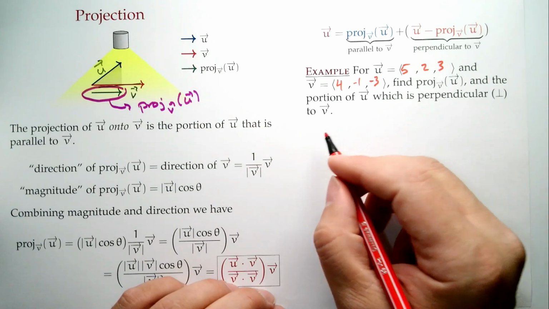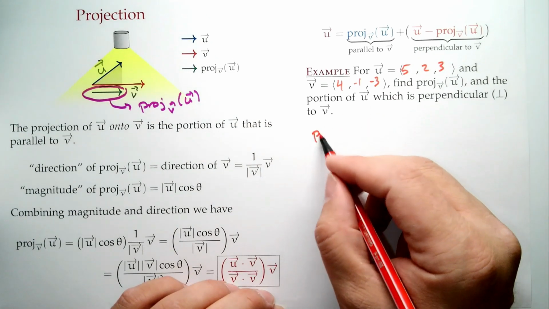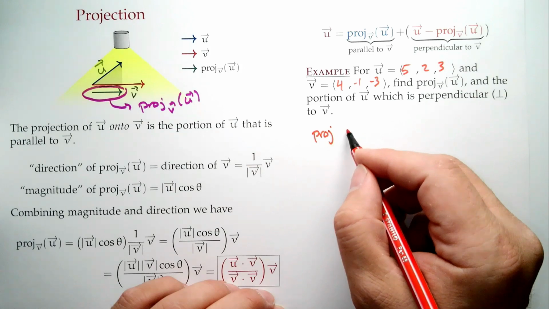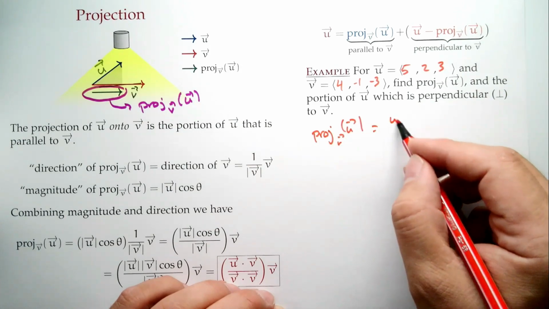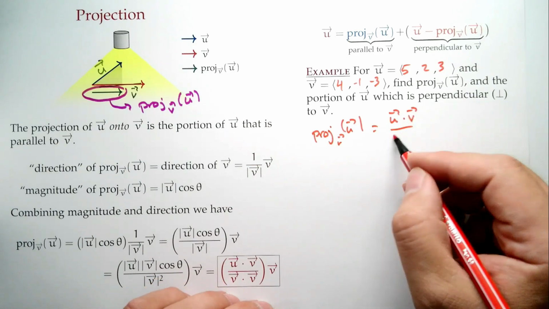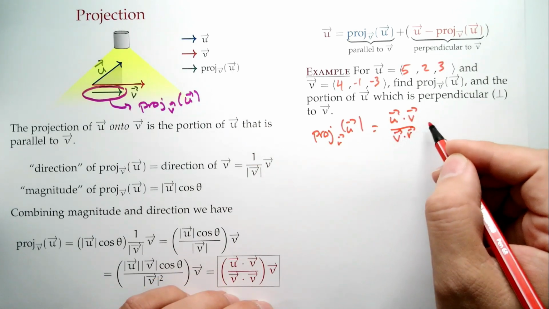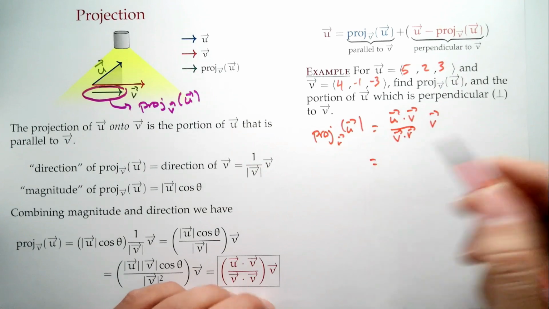Well, the projection, not so bad. So projection of U onto V. All right, the formula, U dot V over V dot V times V. So we can do it.